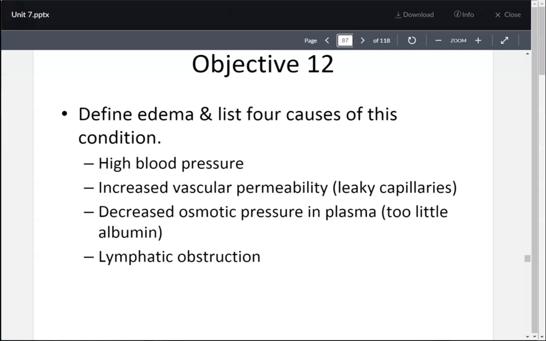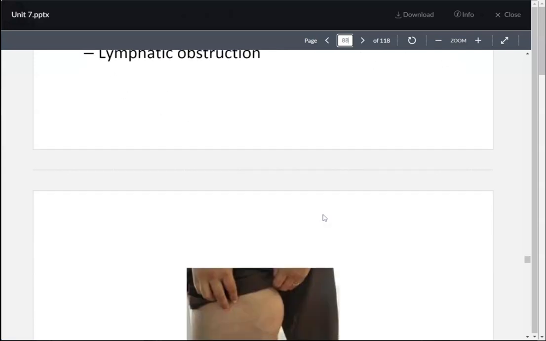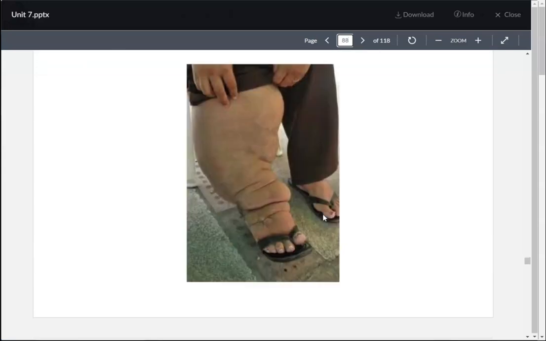Edema is seen a lot of times in high blood pressure patients, patients that have leaky capillaries, patients that have too little albumin, which is a blood protein, and in patients that have lymphatic obstructions. This is a version of edema called elephantitis, where you have one limb that is abnormally swollen, and this is all fluid accumulation.